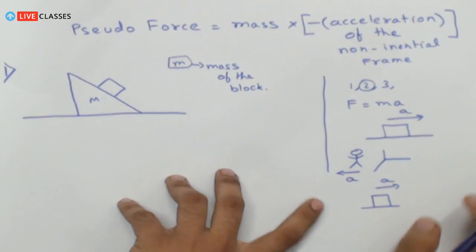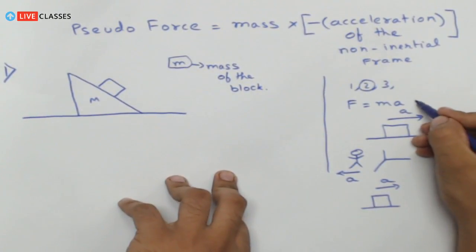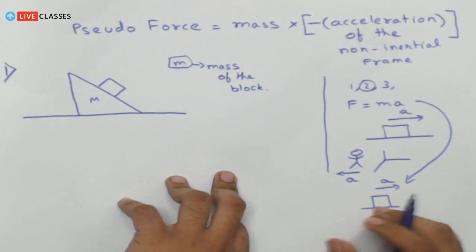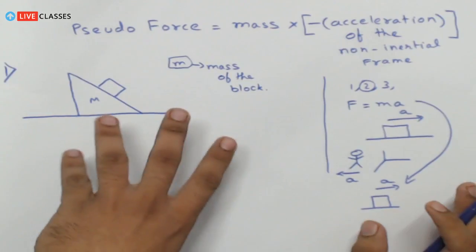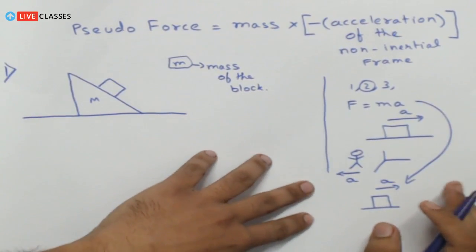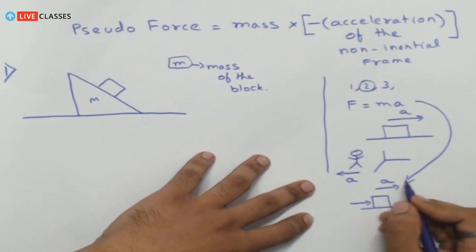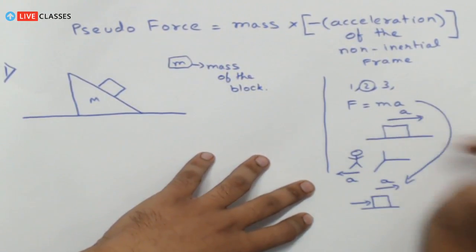So to apply this law here, a force acts. It is not a real force, but we use this notion, pseudo force, which is acting on it to apply this law.